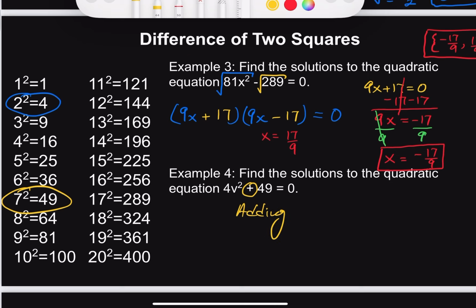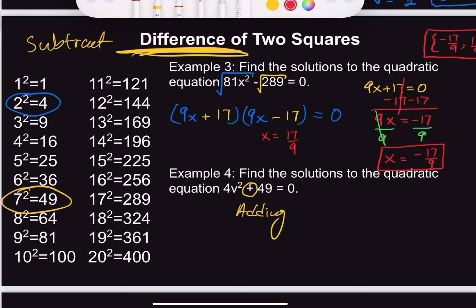And remember, this says difference of two squares. Difference means to subtract. But this is the opposite of subtracting. This is adding, because you're adding between perfect squares. You cannot take this approach.